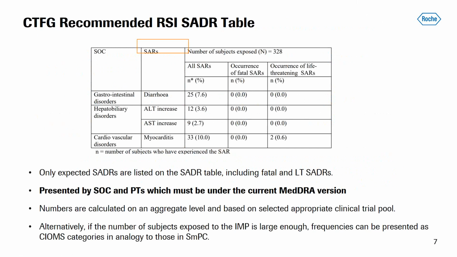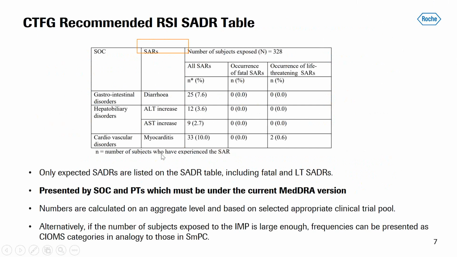And the CTFG recommends that the RSI or the SADR table looks like this. So there are 5 columns. If we look at the second column here, only expected SADRs are listed, meaning these PT terms meet certain criteria.